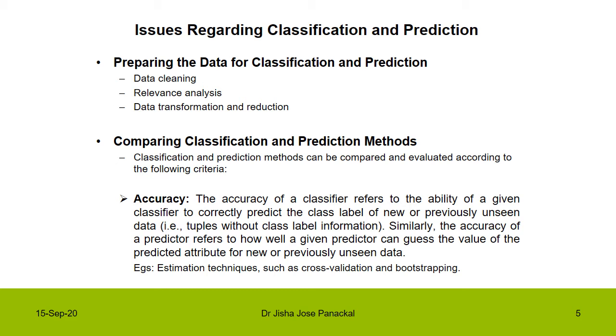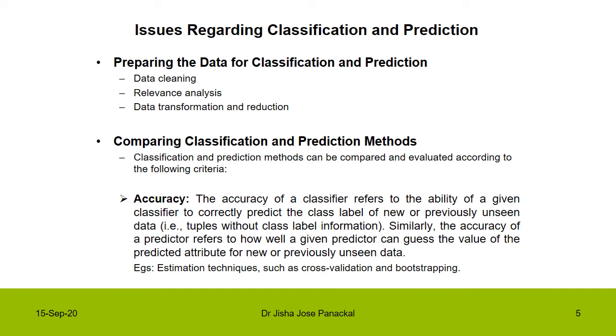Classification and prediction methods can be compared and evaluated according to some criteria. The first one is accuracy. The accuracy of a classifier refers to the ability of a given classifier to correctly predict the class label of new or previously unseen data, that is tuples without class label information.